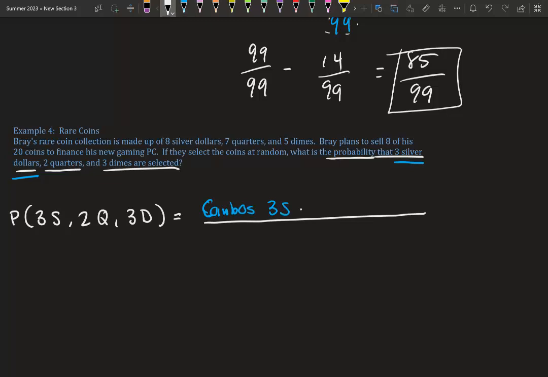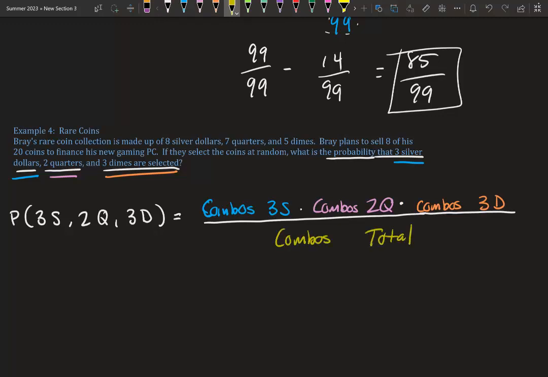And then we need to find the combo of 2 quarters. And then we need to find the combo of 3 dimes. And remember, the bottom, no matter what, is always your total. So that's everything you're talking about, not just different categories.